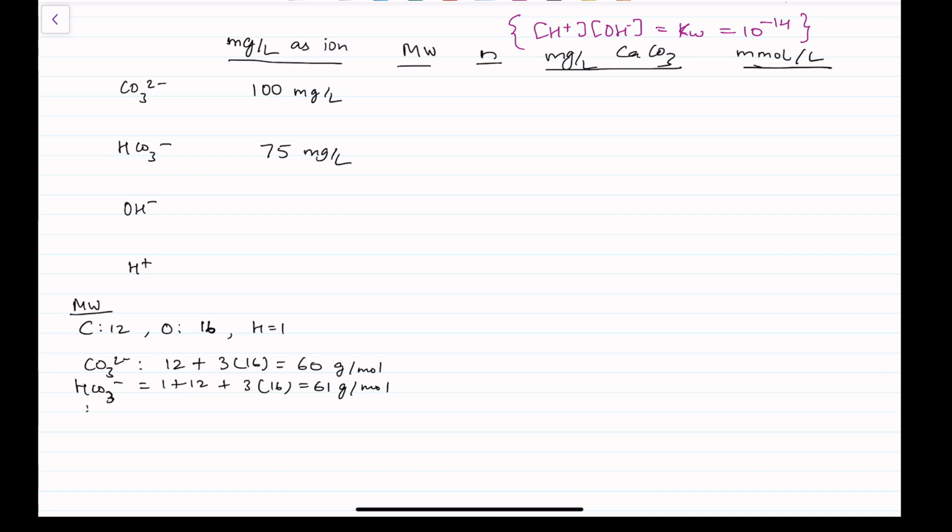And OH minus would be 16 plus 1 equal to 17 gram per mole.